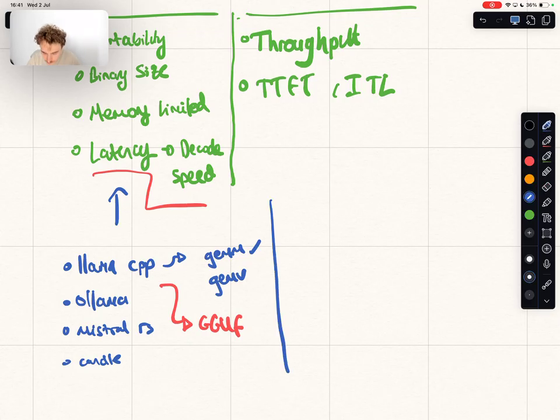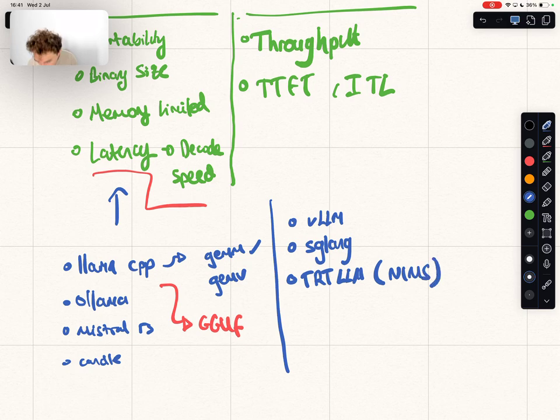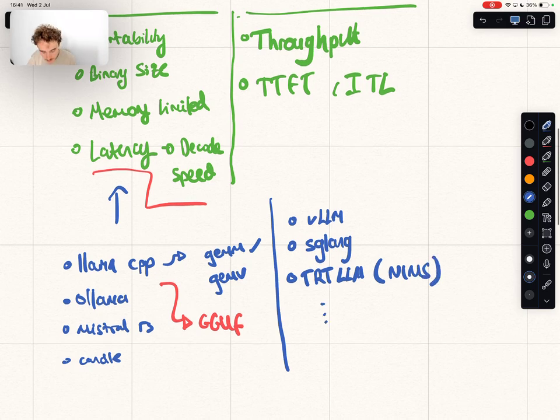So moving on to the high throughput data center inference engines, there's tons of examples here. This is where you'll find SGLang, vLLM, TensorRT-LLM, which you might know by its slightly more packaged name of NIMs, and once again there's many such examples of these.